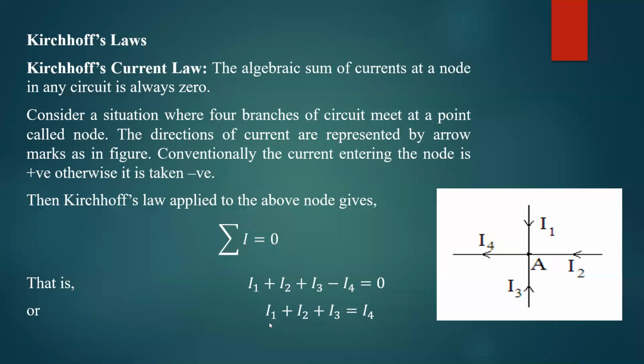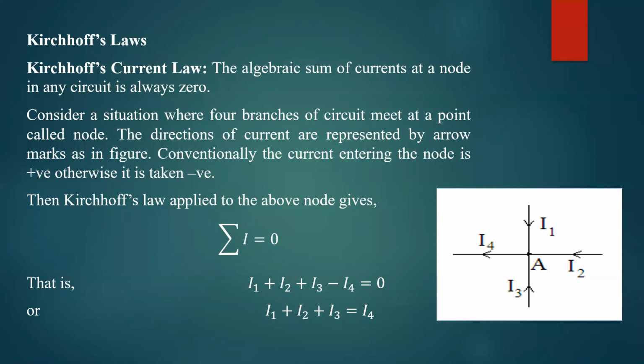The last equation represents that the sum of currents entering the node should be equal to the sum of currents leaving the node. Whatever amount of current enters, the same amount of current should leave the node. So there is no accumulation of current at a node. So I1 plus I2 plus I3 should be equal to I4.